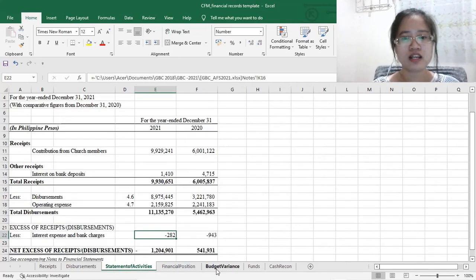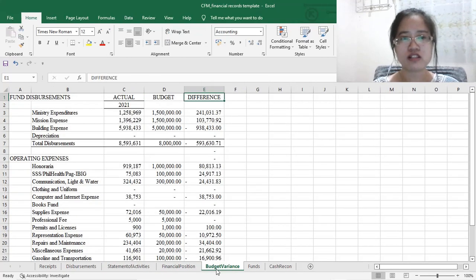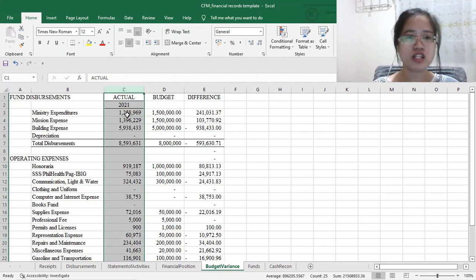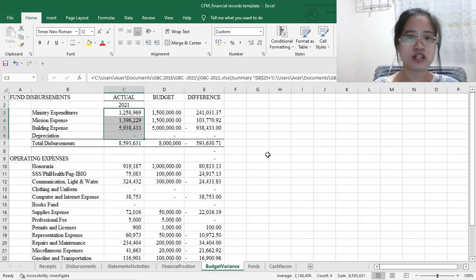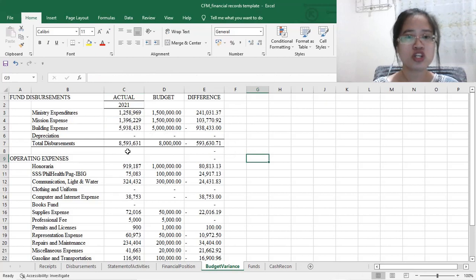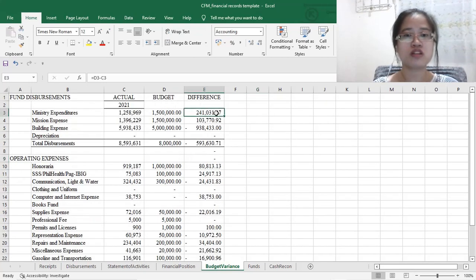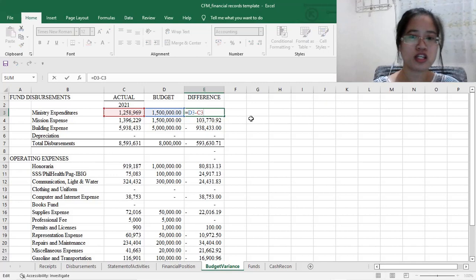Okay. Budget variance. This one is an internal document, internal financial record that can be used by the church just to see, essentially, you're keeping track of the actual expenses of the church during the year, and then you have your budget, which is something you prepare at the beginning of the year, and then you take note of the difference between the actual and the budgeted.